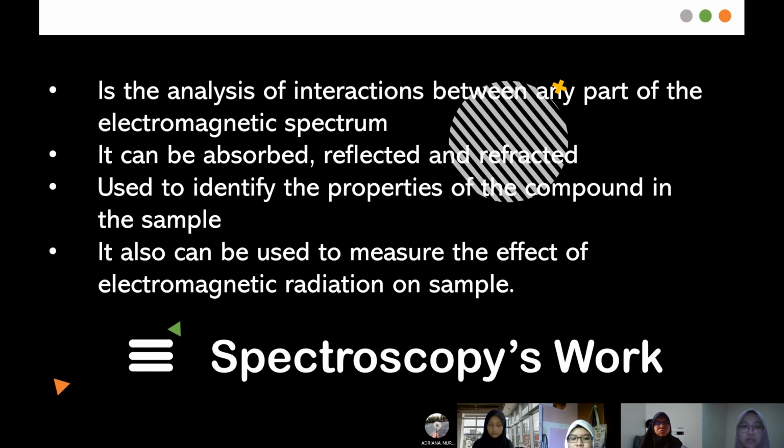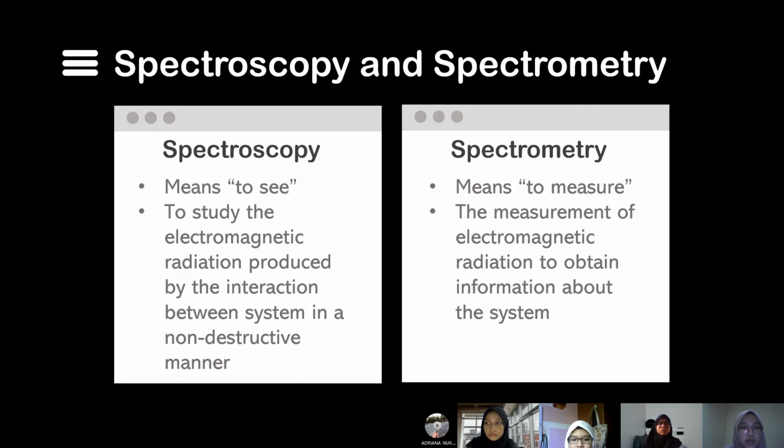It also can be used to measure the effect of electromagnetic radiation on a sample. This allows it to be used to determine the duration of exposure to radiation sources. Okay, next I will pass to Ariana Noizati.